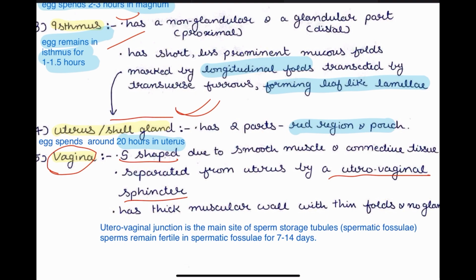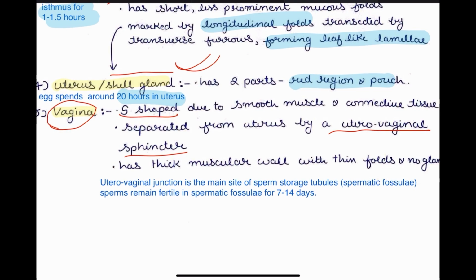Oviposition means egg laying. Then I've written one more point here, that the uterovaginal junction is the main site of sperm storage tubules or spermatic fossulae. Sperms remain fertile in the spermatic fossulae for 7 to 14 days. In the beginning, I said that the sperms have a very short window of time for fertilization of the egg.